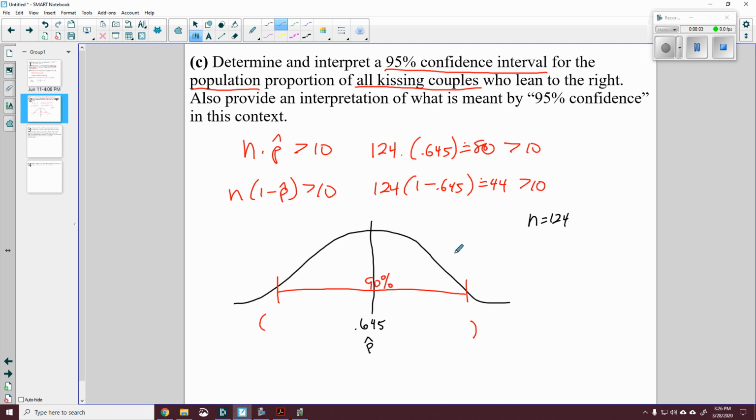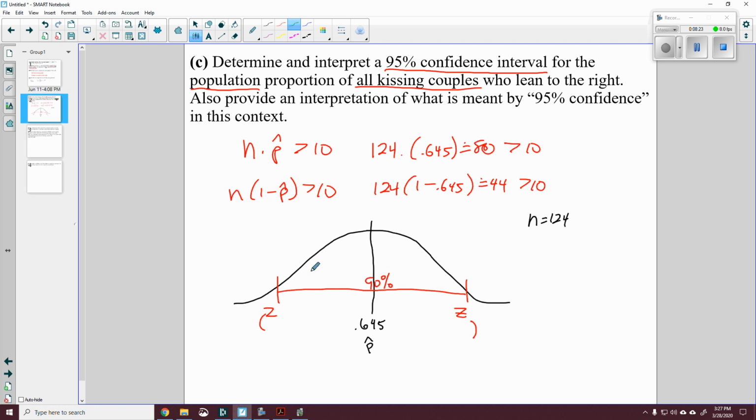So to do that, I need to know a couple of things. I need to know a z-score that represents this upper limit here, and a z-score that represents that lower limit over there.